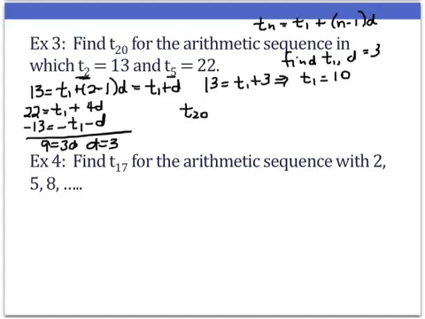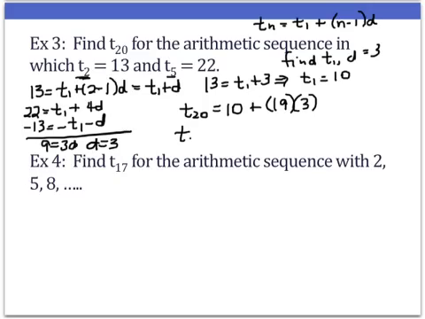Now remember, n is always given to you. N is right here. And so we will substitute into that. So we'll have t1, first term is 10. Now n minus 1, n is 20, 19. And our difference is 3.